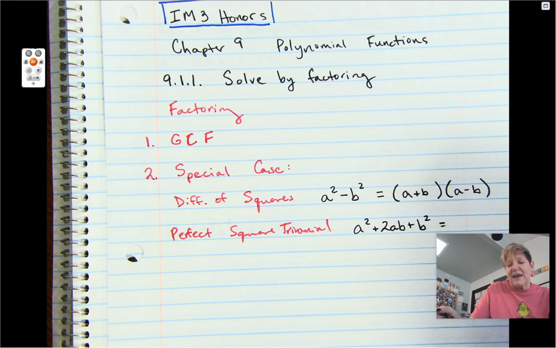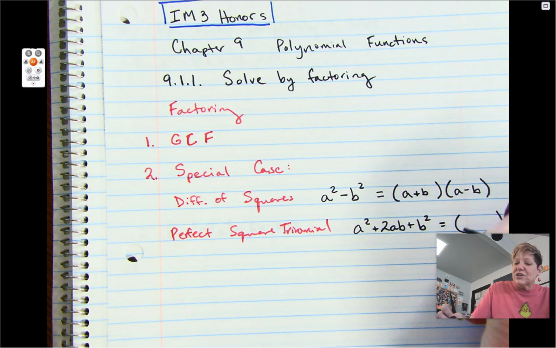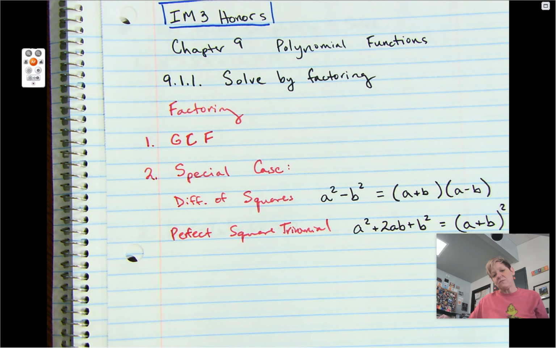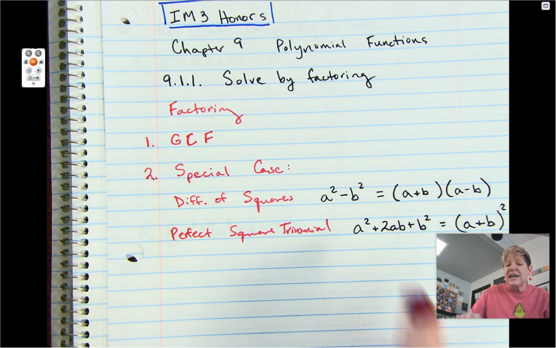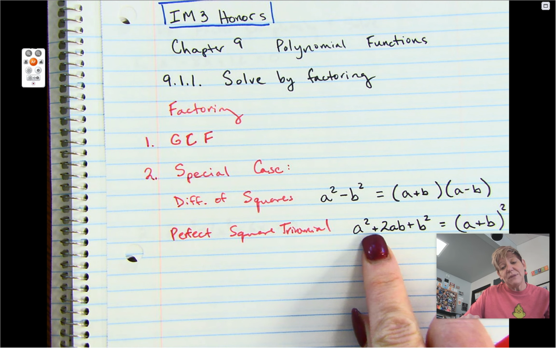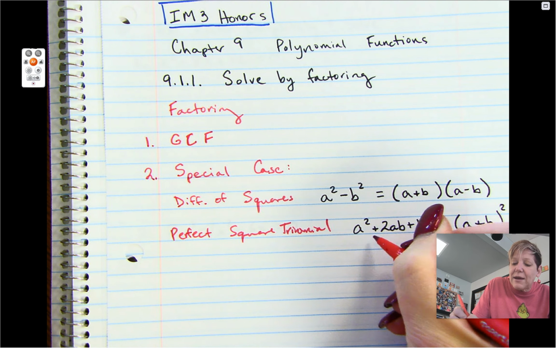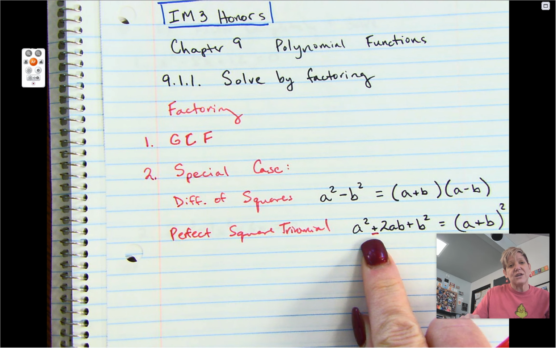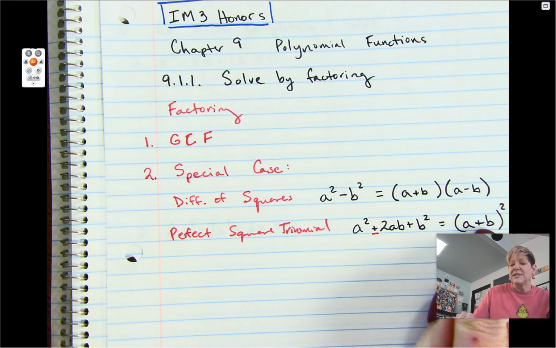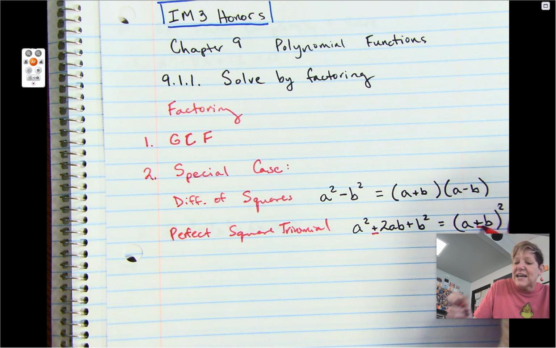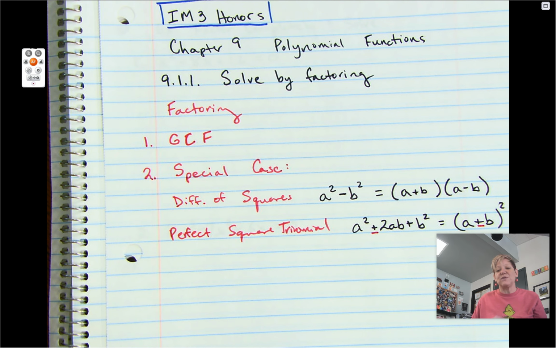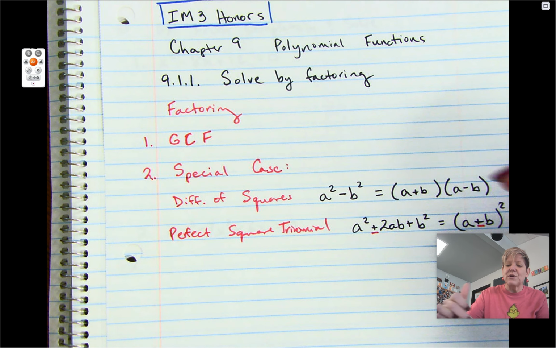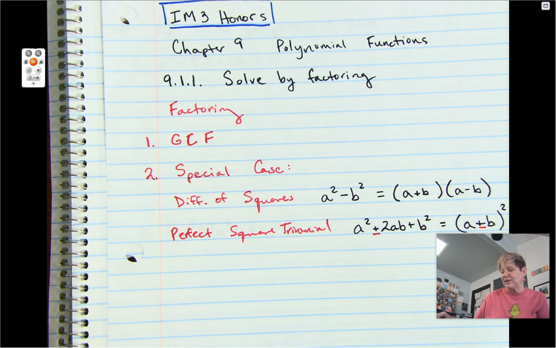And when we go to factor that, that is actually (a plus b) squared. Now this can have an addition sign here, a plus 2ab, or it could have a minus 2ab, or a subtraction, or be a difference. If that happens, then the only thing that's different is that there is a minus in the second one. So it's (a minus b) quantity squared. And those are perfect squares.